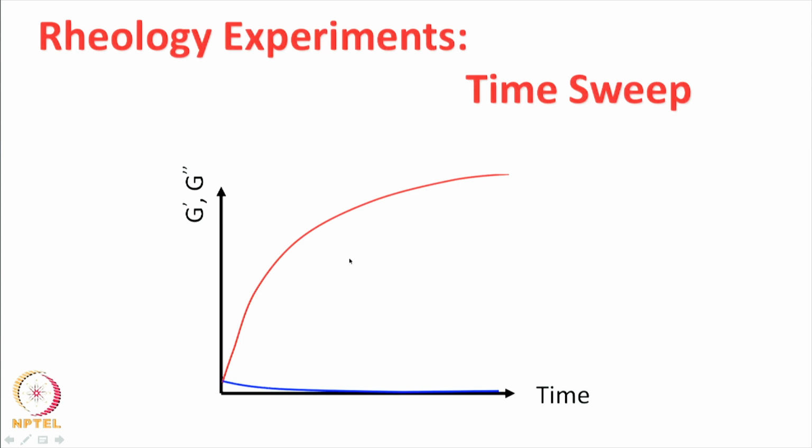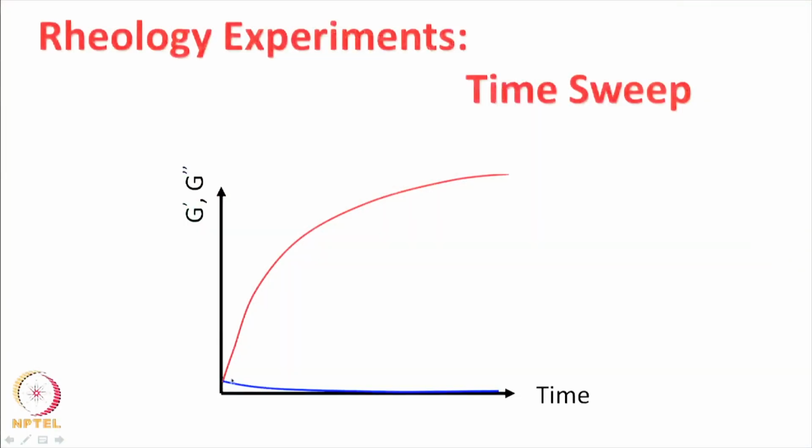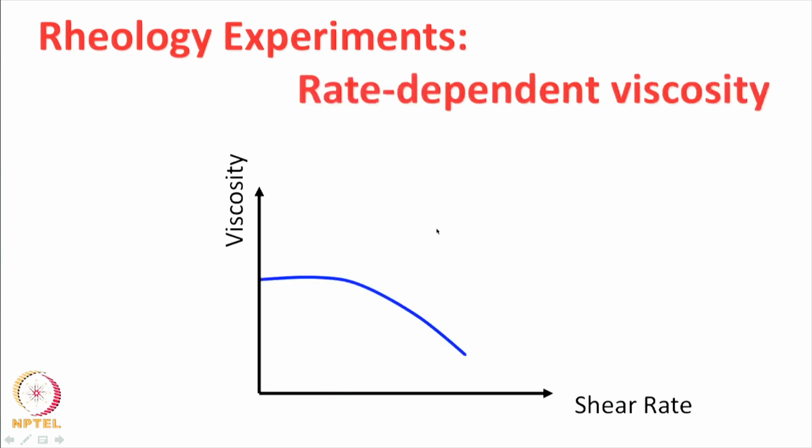If let us say a gel is polymerizing, its G prime will increase with time and then saturate, while G double prime, you start off with a very viscous material which then polymerizes and forms filaments. So, maximum G double prime is at the initial time point, and then it drops as the network becomes more and more polymerized.